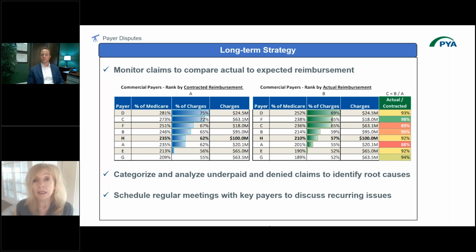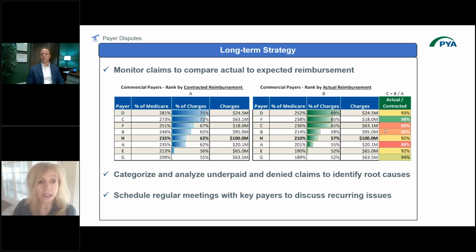What we have here is a visual of a period of time to help understand what was expected on the claim in terms of reimbursement as a percent of charges versus what was actually received on the claims as a percent of billed charges by payer. So you can see in the last column what did we receive versus what did we expect to receive from each of our payers.